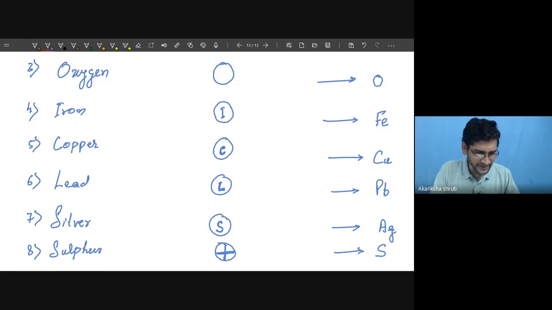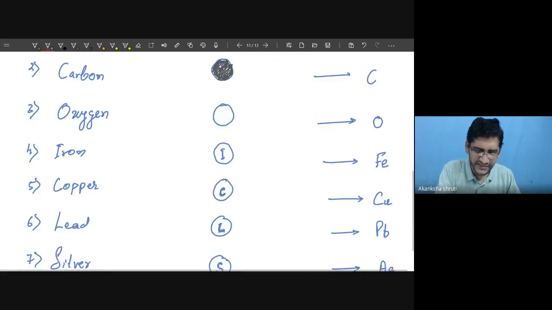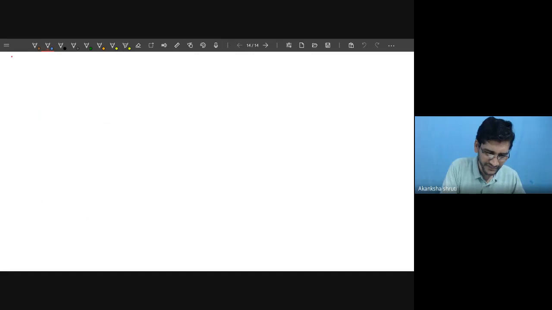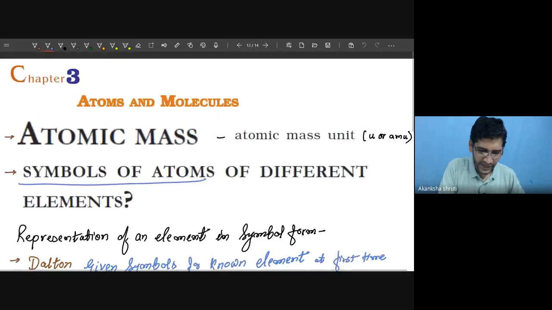Similarly many other symbols were given. Even if you consider phosphorus, let me write a few more. The ninth, phosphorus.